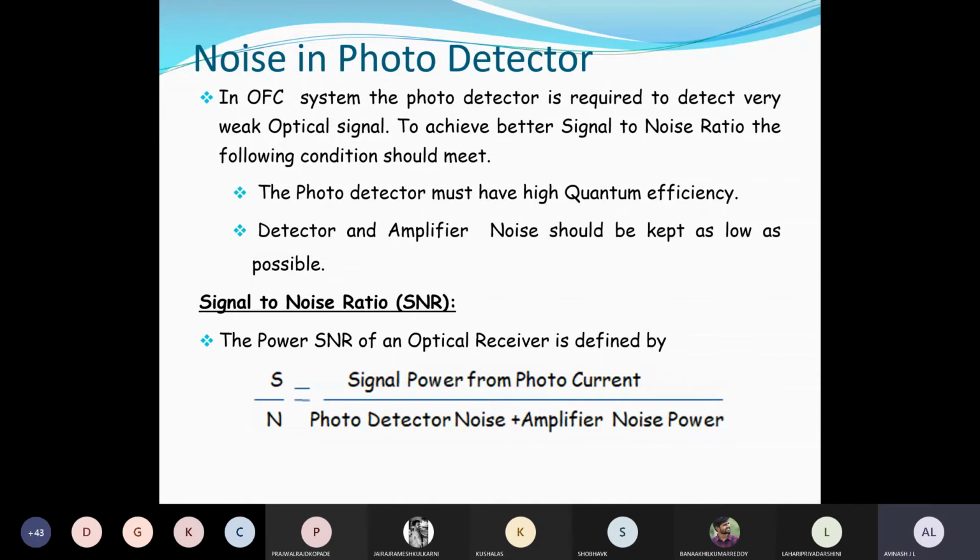So this particular thing will give the signal to noise ratio. Please make a note of this equation and these sentences.